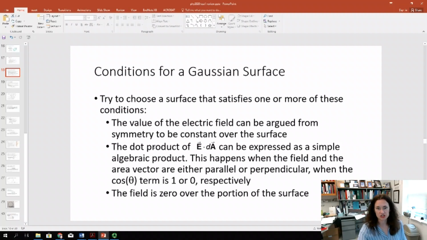So that's what you would do. Now, you also want to make sure that your dot product can be expressed as a simple algebraic product. So you want your electric field vector to be either parallel or perpendicular at all points to your area vector, okay? And that makes that integral over the closed surface of E dot dA very simple. All right.